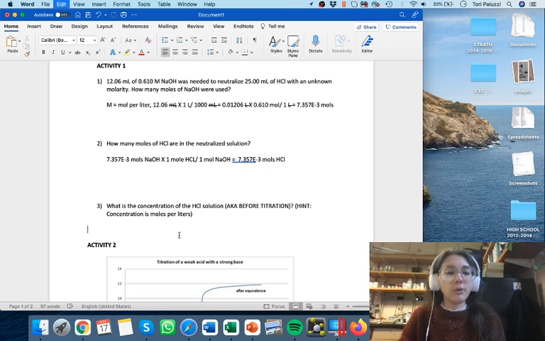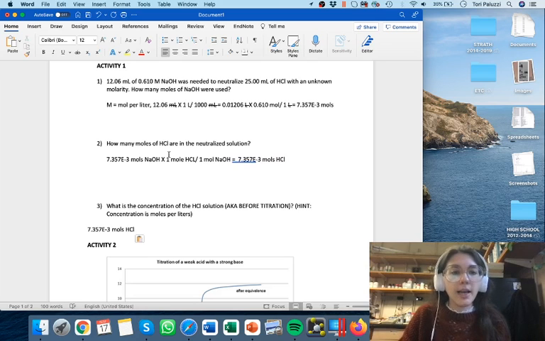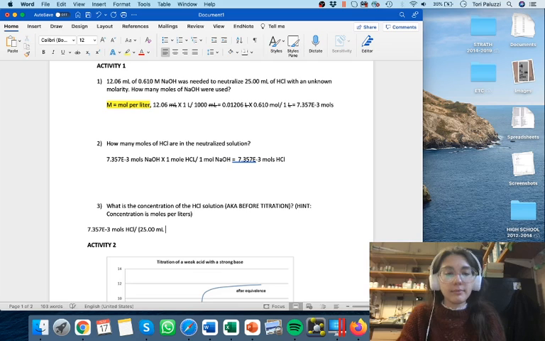So if I take these moles and put them here, remember, molarity is moles per liter. So if I have this many moles, I just have to divide it by the liters of HCl. In this case, I have 0.025 liters, because I'd have this many milliliters and multiply by 1 liter divided by 1,000 milliliters.